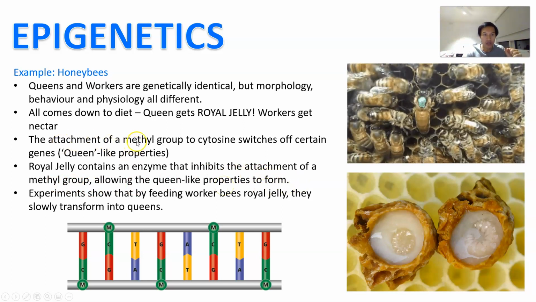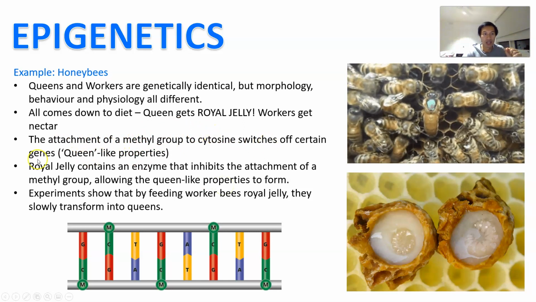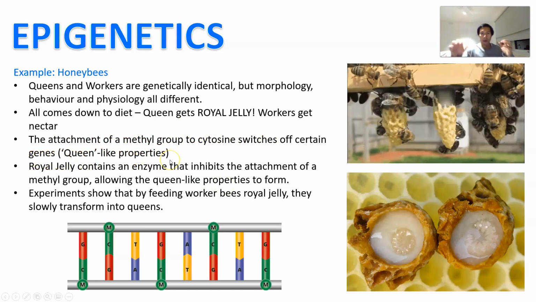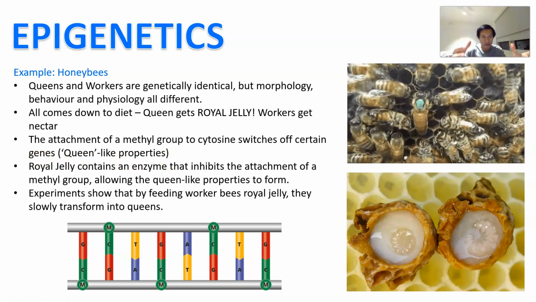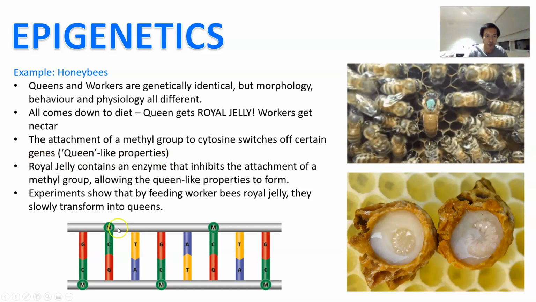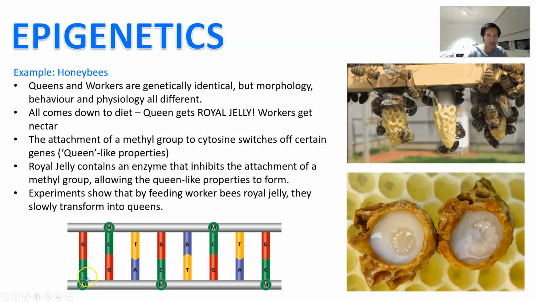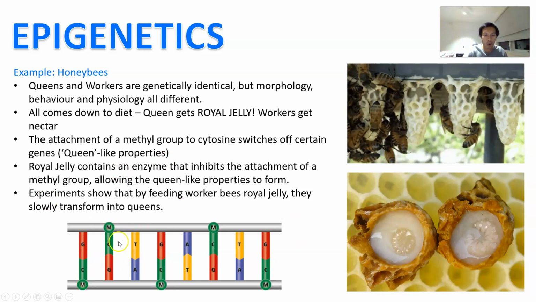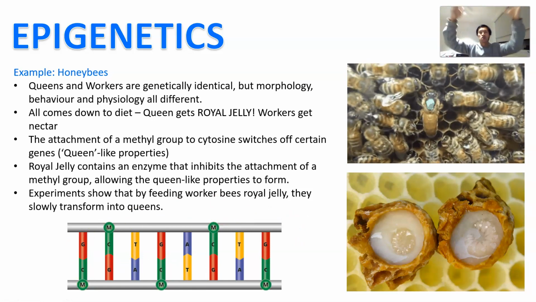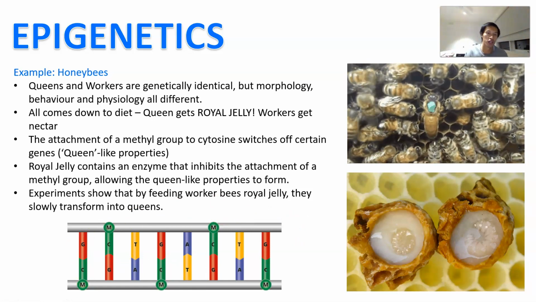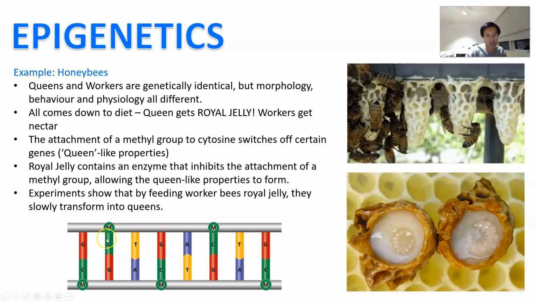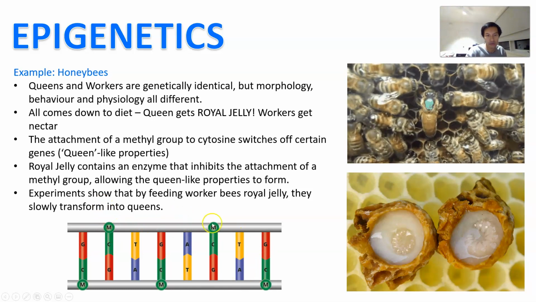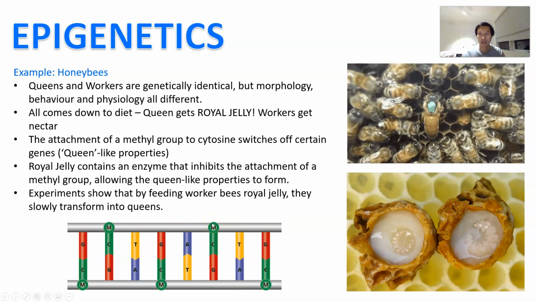The methyl group attaches to the cytosine, and that's going to switch off the genes. So by feeding the queen royal jelly, that particular enzyme is going to stop the methyl group binding to the cytosine, allowing all of the queen-like genes to be fully expressed. In your workers, they don't eat the royal jelly, which means they don't get the enzyme, which means that the methyl groups are going to attach to the cytosine and switch off the queen-like properties in those worker bees.